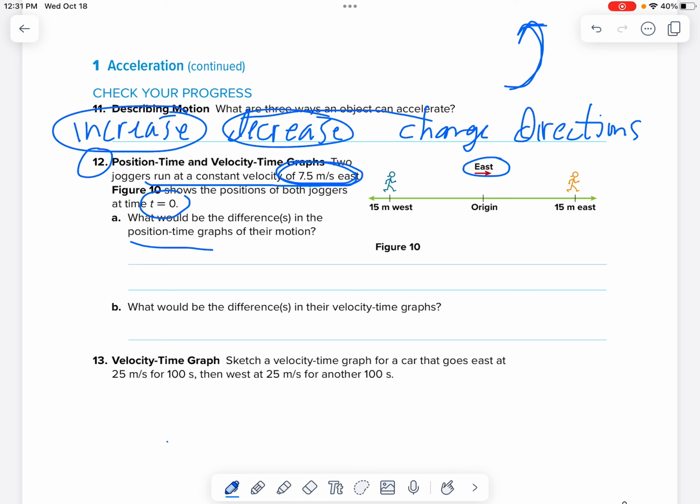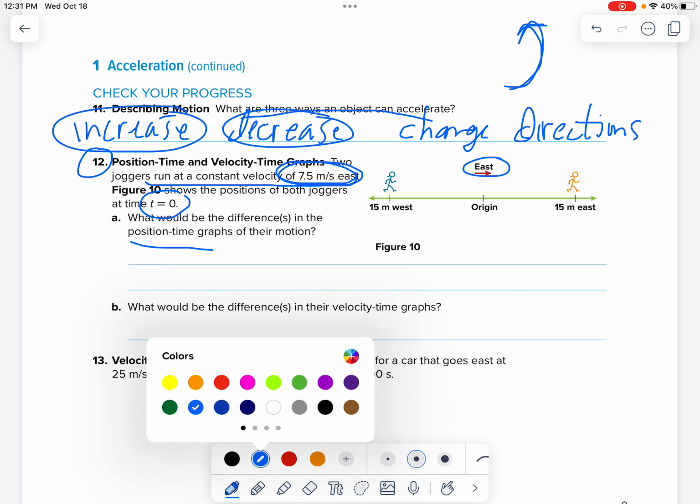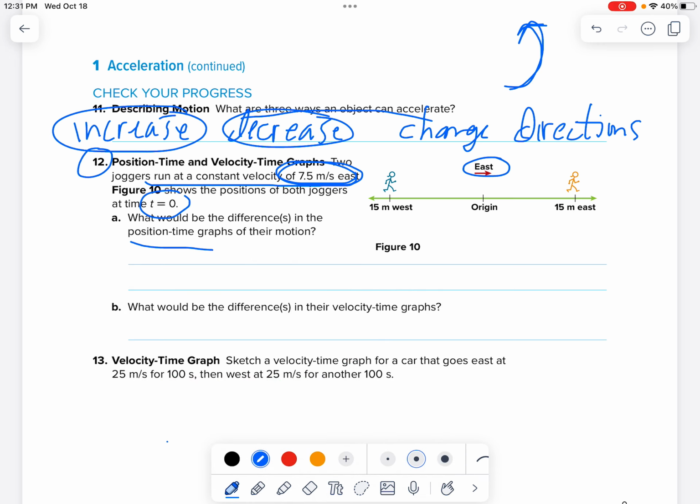Well, if I did position time graphs, the blue runner is starting back behind the origin, if this is like the starting line there, or a reference point. He's starting down here at negative 15, okay? This is position and time.